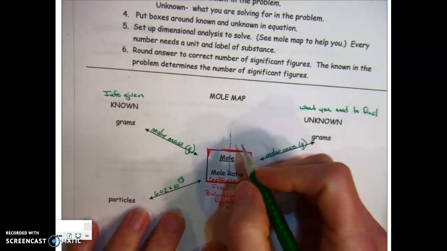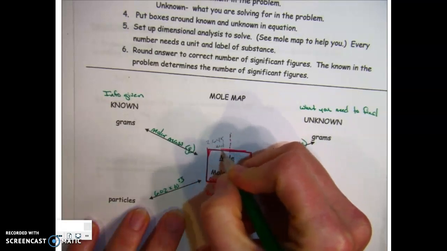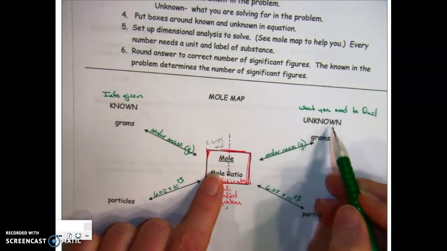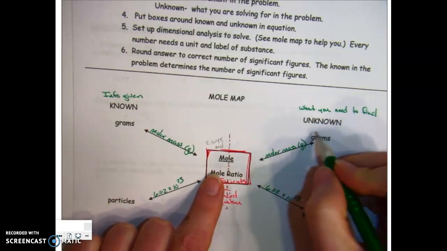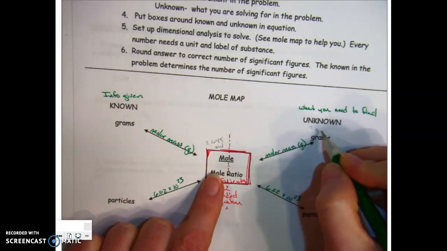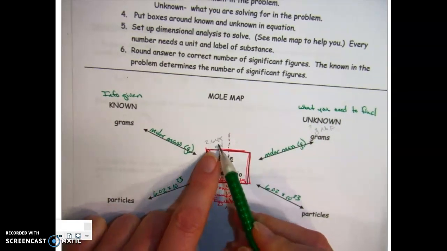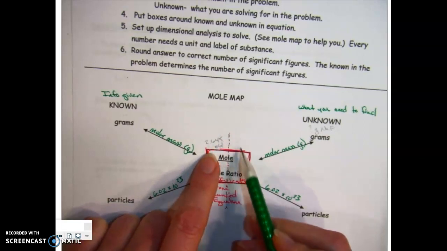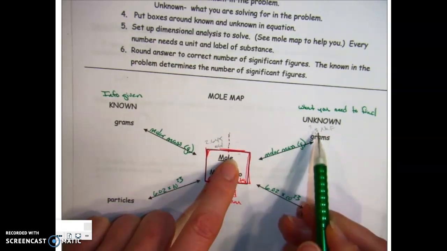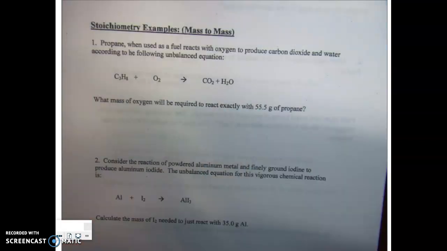I had 2.645 moles of magnesium, and what I'm looking for are the grams of sodium fluoride. So I'm going to use this map. I'm going to change from moles of magnesium to sodium fluoride, and then I'm going to convert that to grams. So we're going to use our mole ratio up front.